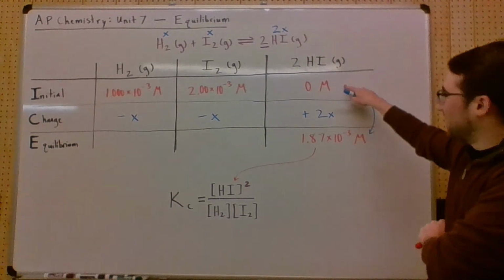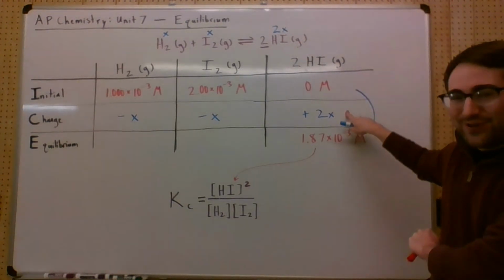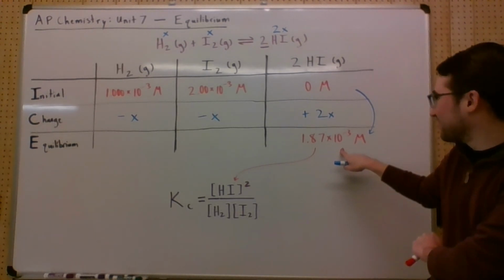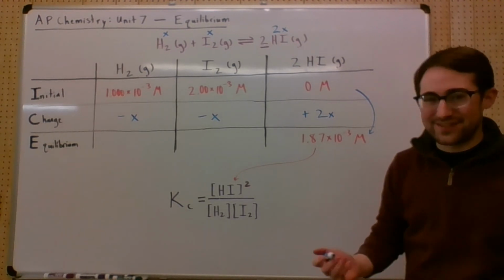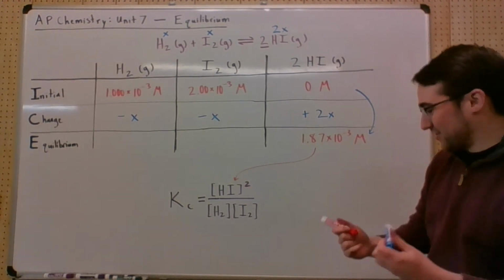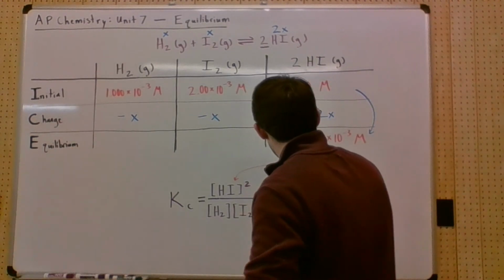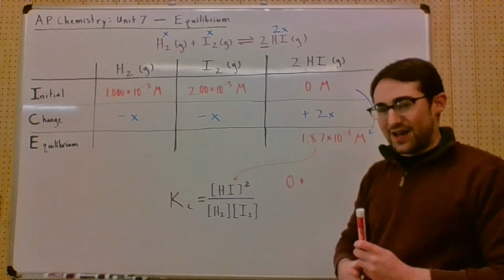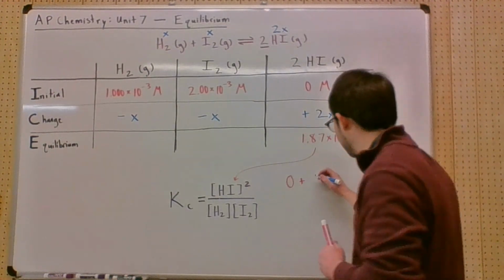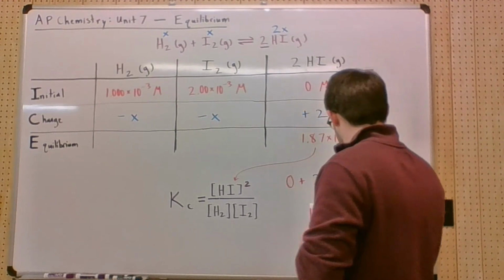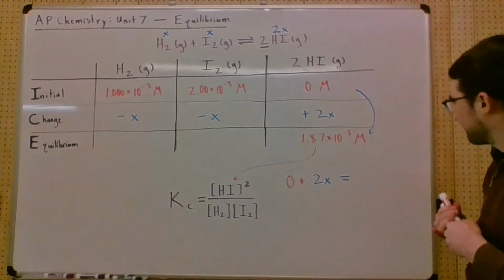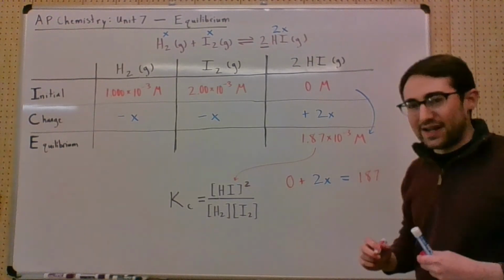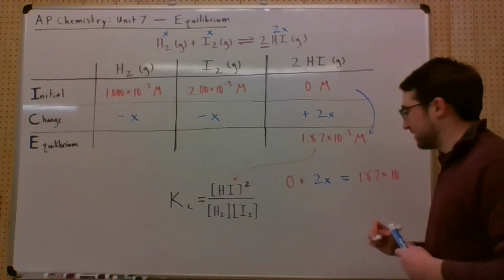Well, I started with 0 plus 2x gives me this 1.87 times 10 to the negative third molar. Well, we can solve for that. Let's set it up like an algebraic equation. I'm going to drop my units. 0 plus 2x equals this concentration, 1.87 times 10 to the negative 3.